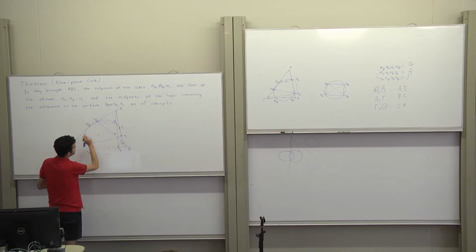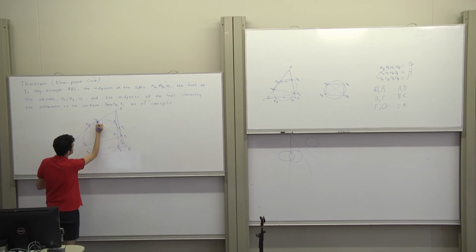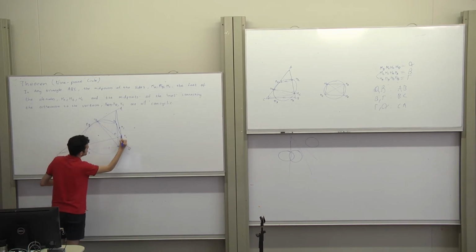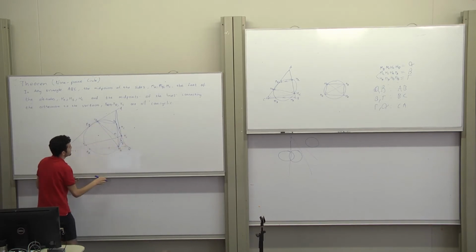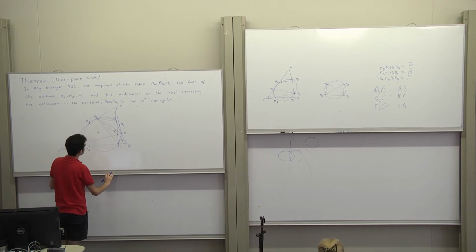And then what else do I want to draw? Actually, hang on. Maybe let's do the ortho. And we're just going to chase some angles until this thing comes up nicely. Let's draw HB.